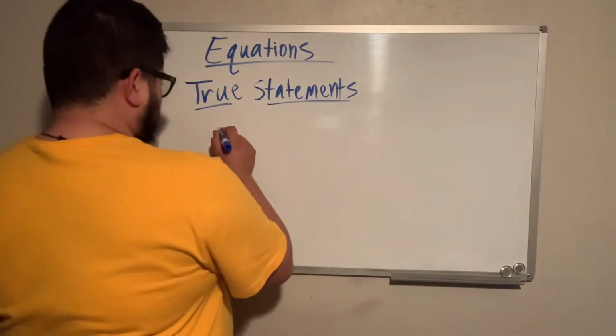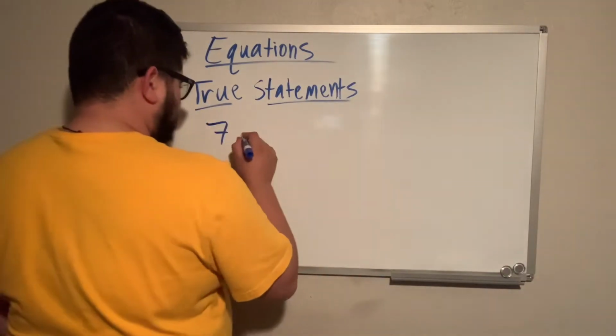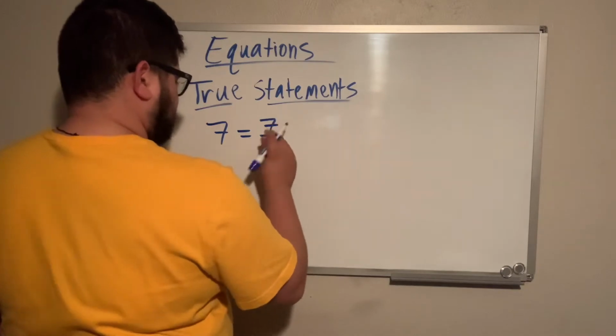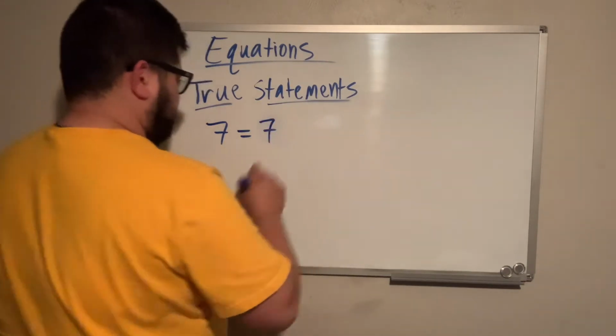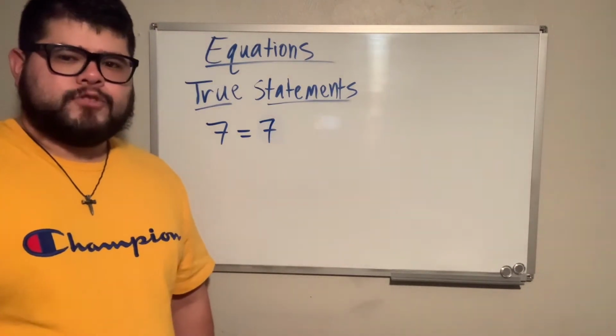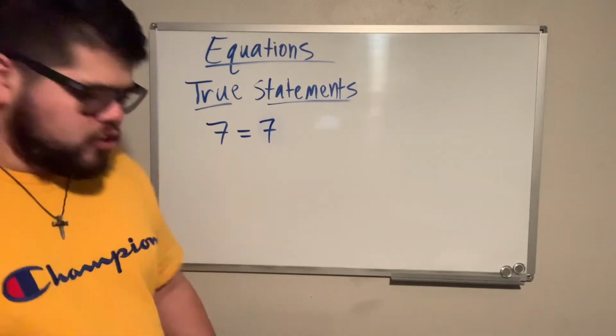Here's our first one. Let me ask you this: does the number 7 equal 7? Let me just write that. 7 equals 7. True or false? True, right? True all day long.